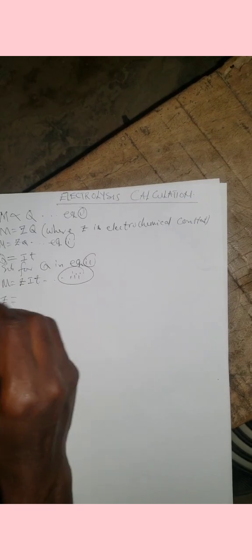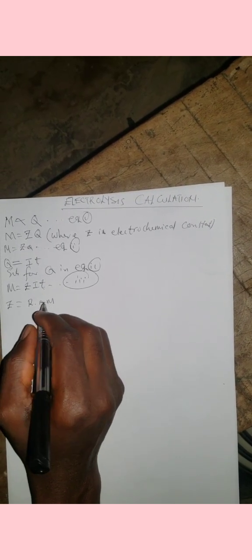Then Z is equal to the constant that we introduced. It has a particular formula: relative atomic mass, RAM, divided by the number of charges in the electrochemical series.